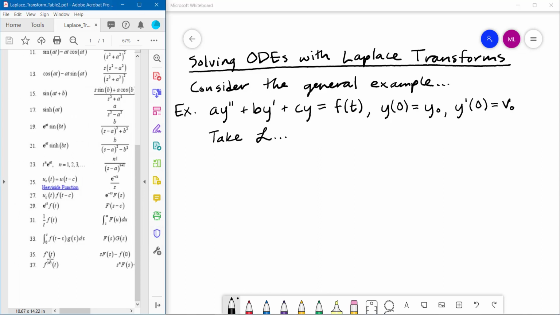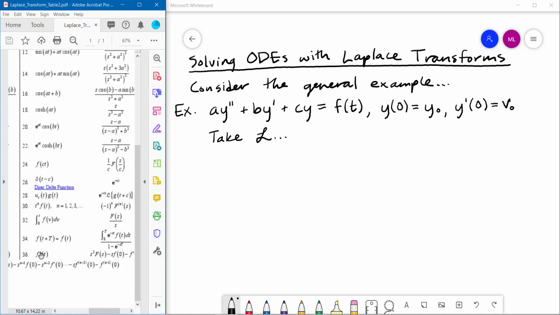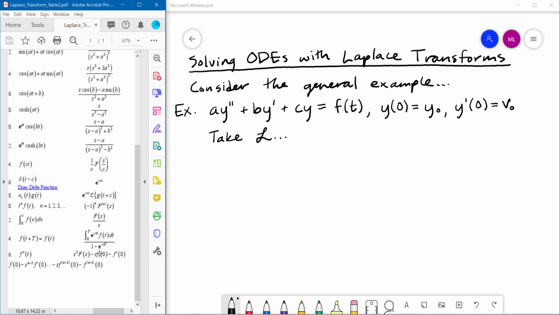They're down here at the bottom of, I'm using right now, table 2 of the ones that I provided. It's the more compact version. And they show up right down here at the bottom. So equation 35 down here is f prime of t. And if I just go across, equation 36 is f double prime of t. So I'll be able to take those Laplace transforms.